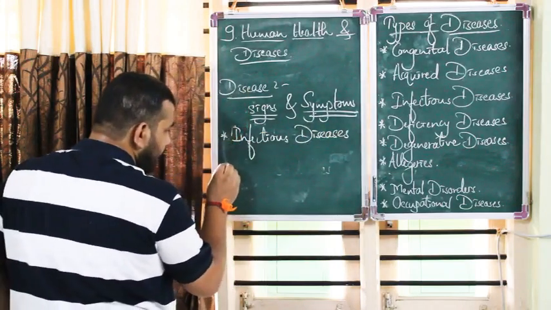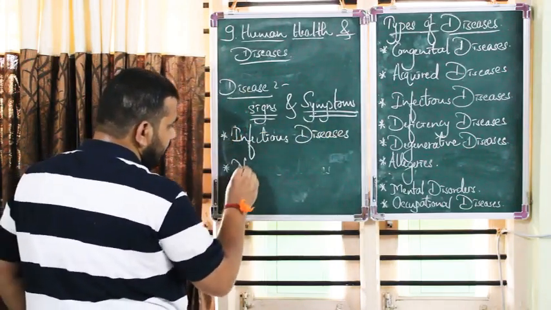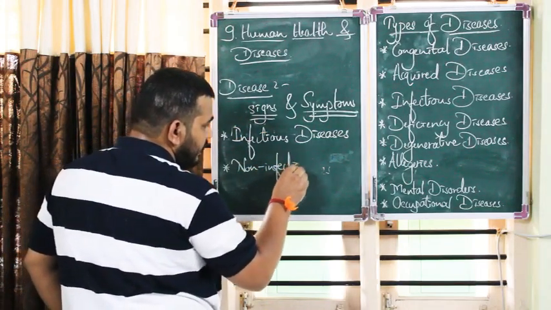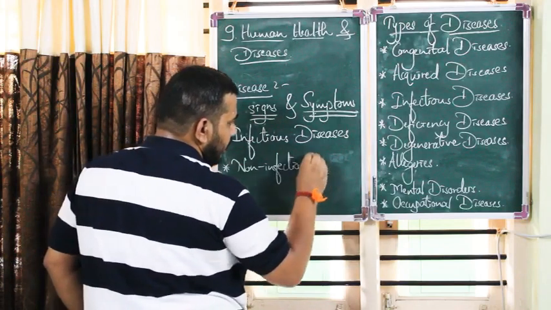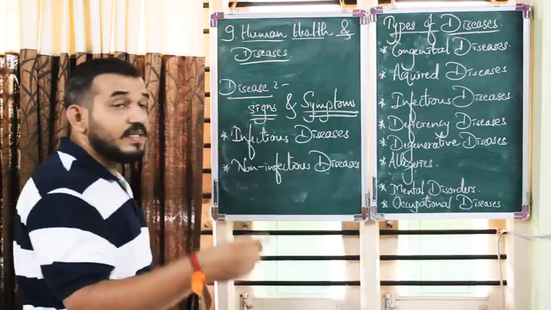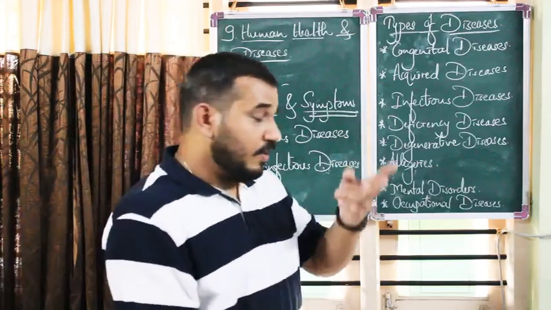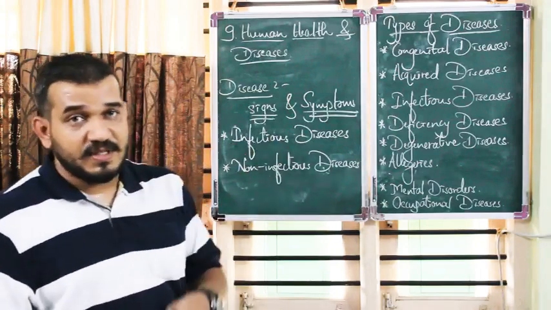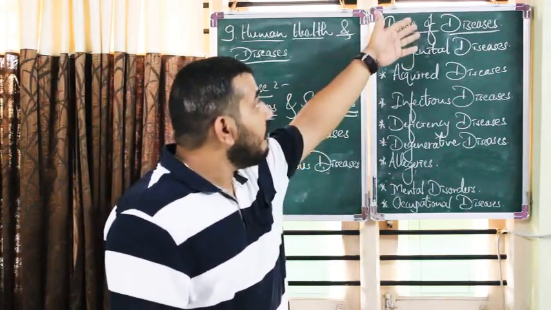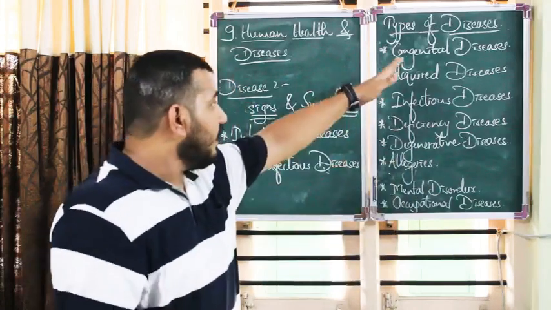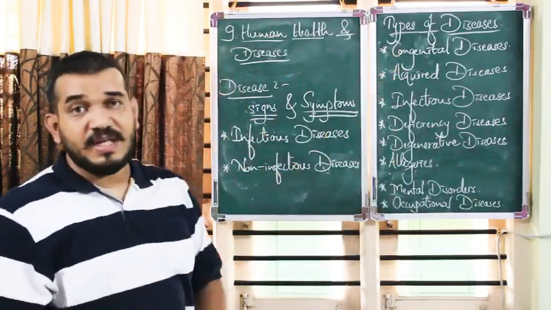And the second one is non-infectious diseases. So diseases are classified broadly into two main types, infectious diseases or non-infectious diseases. On the other side I have written again different types of diseases. We'll come to them, or we will see that they also belong to these two major types itself.